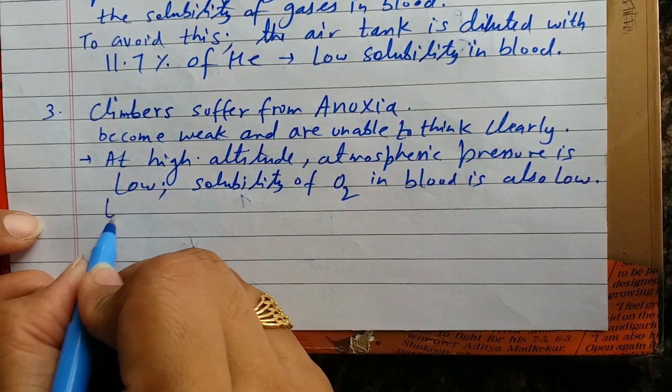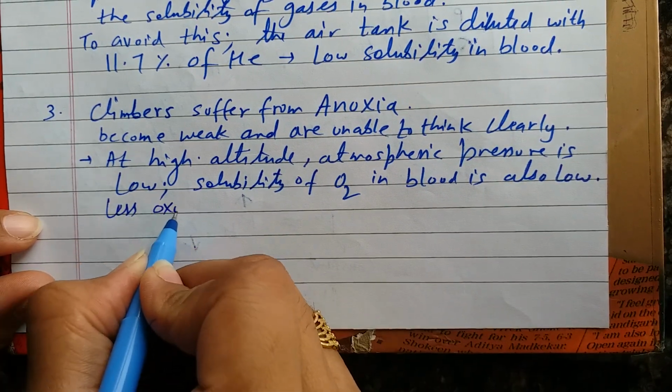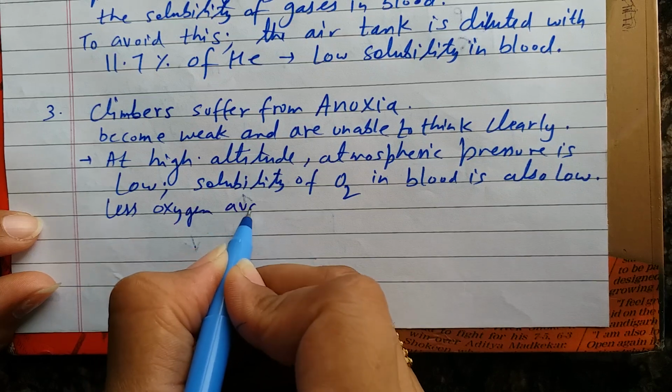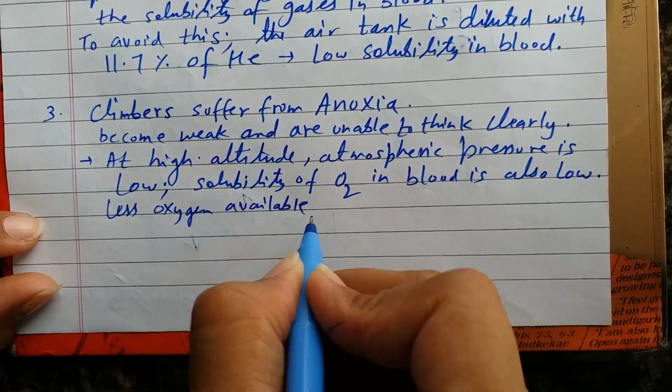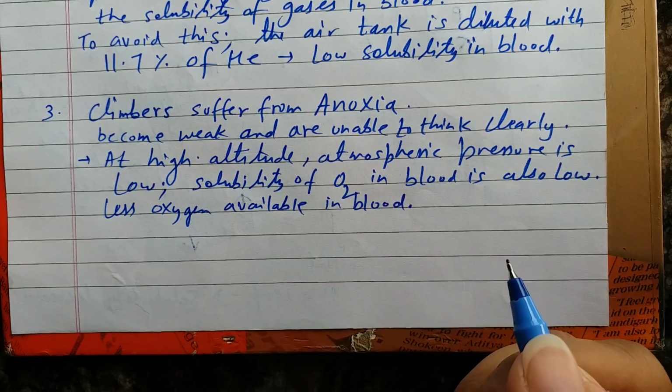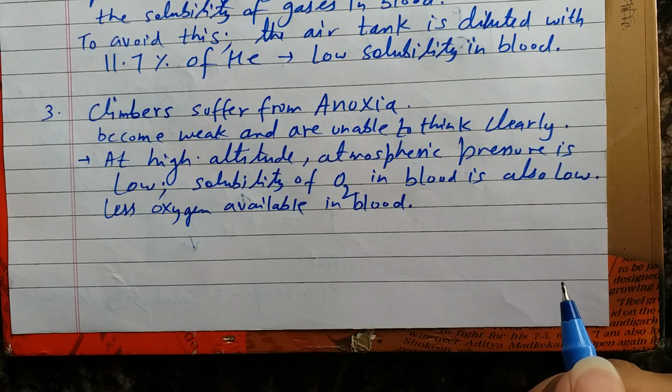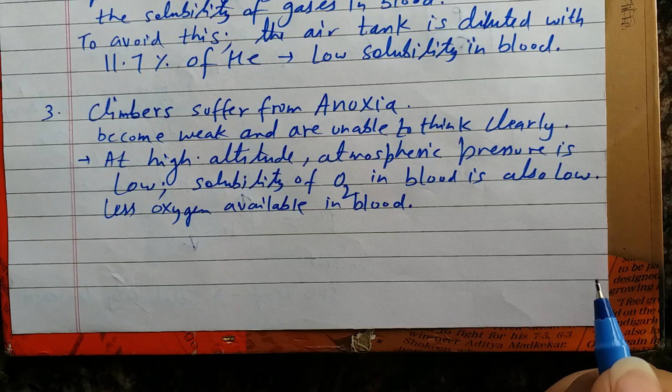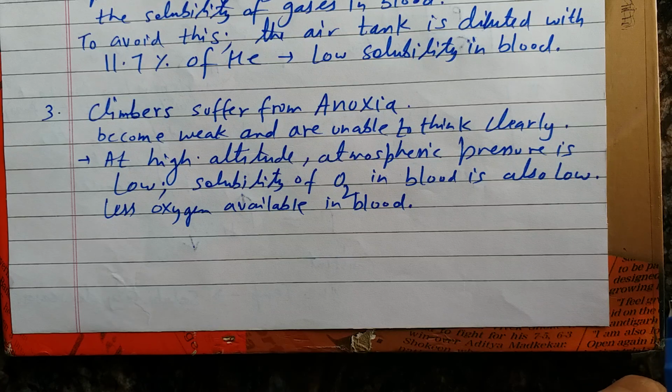So there will be less oxygen available in blood. If you compare it with sea level, there will be less oxygen available in blood at high altitude, and because of that lack of oxygen, the person will become weak and will be unable to think clearly. Conditions of the disease called anoxia.